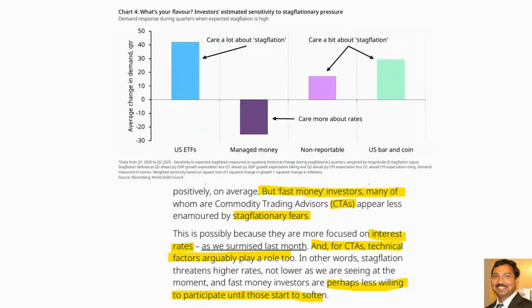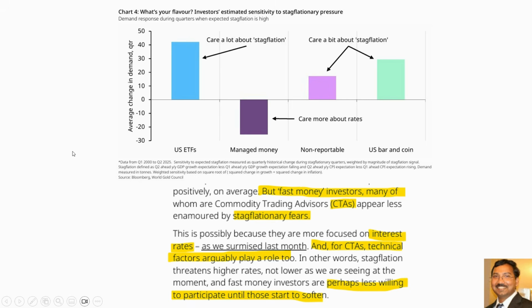And this shows the different players in the gold market. The blue line is US ETFs, and what are the forces and when do they buy? Based on this data from the first quarter of the year 2000, historical data shows US ETF inflows happen during stagflation, or when they care about the stagflation side. And managed money, this is like CTAs, commodity trading advisors.